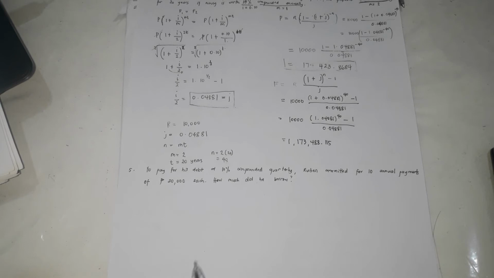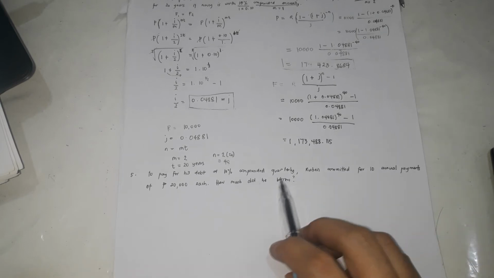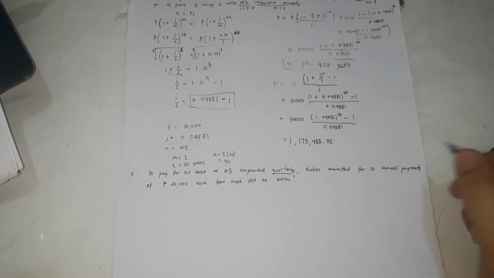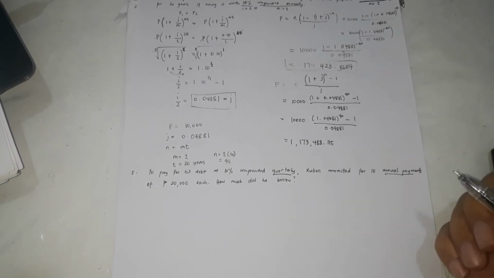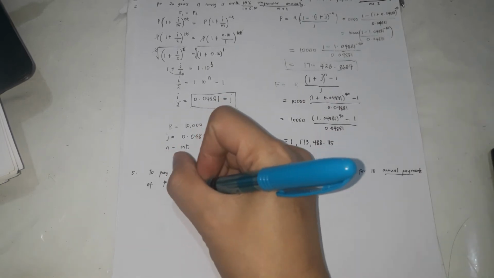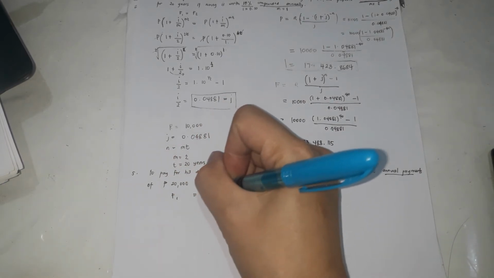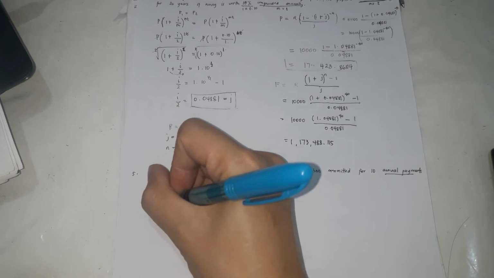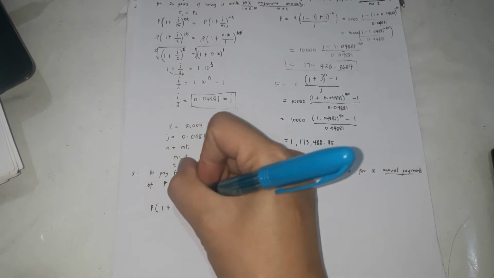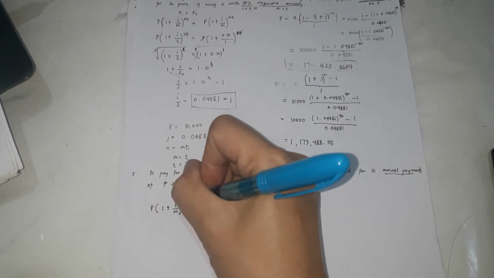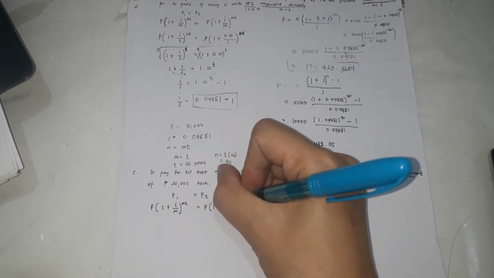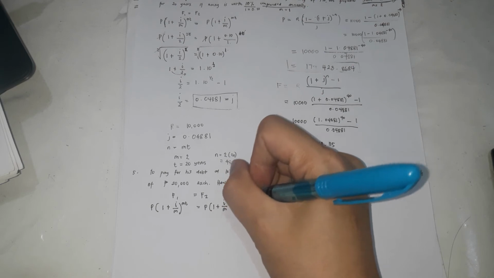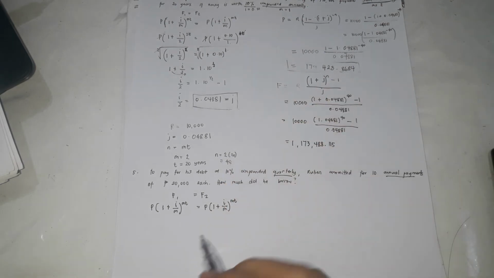So compounded quarterly, annual payment. So this is general annuity. So first we're going to solve for the j. The j is F1 is equal to F2, (1 plus i over m) to the mt is equal to (1 plus i over m) to the mt. This is for the payment.